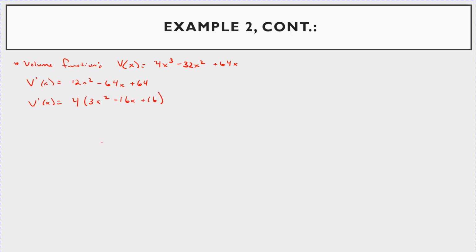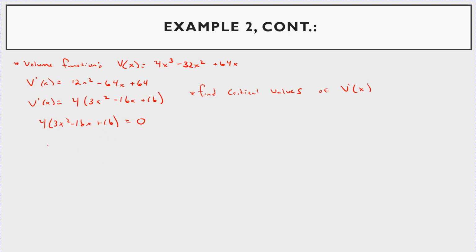Now you want to find the critical values of this function. To do that, you set it equal to 0 and divide both sides by 4.